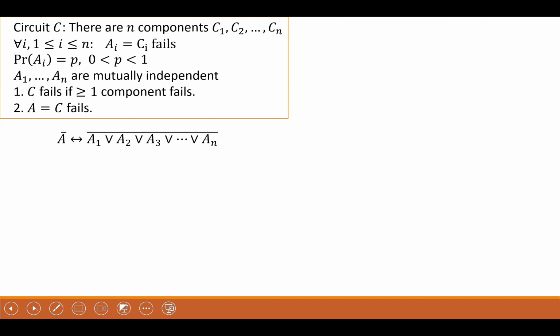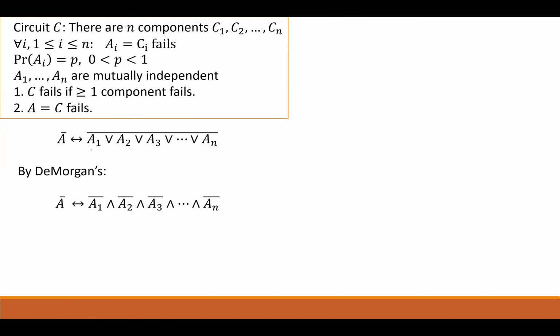And if I apply De Morgan's law, then I get, right, the complement of the union, or in this case the logical OR, is the intersection of the individual complements, or the conjunction of the negations. Okay, does everybody remember De Morgan's law? We'll be using that quite a bit to solve these types of problems.